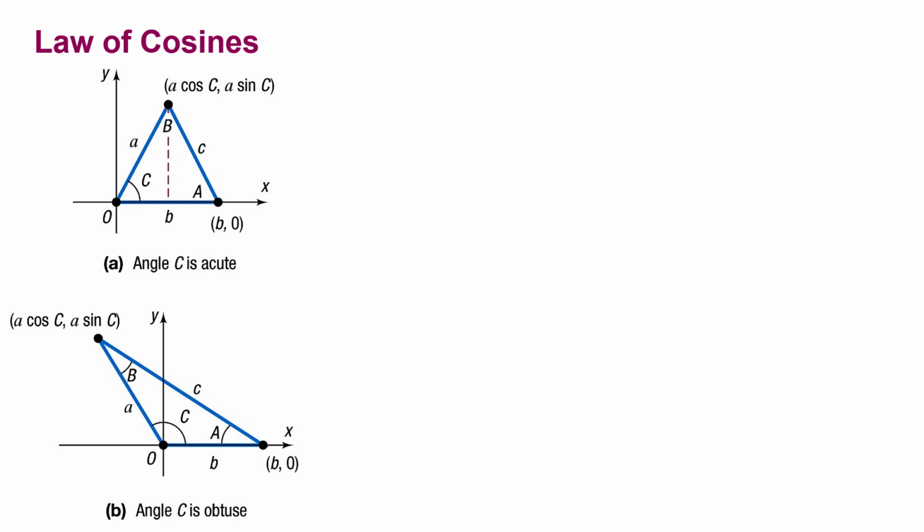If we use the distance formula to compute side C squared, we would have side C squared equals the quantity of side B minus side A times cosine angle C, all squared, plus the quantity of 0 minus side A times sine of angle C, all squared.